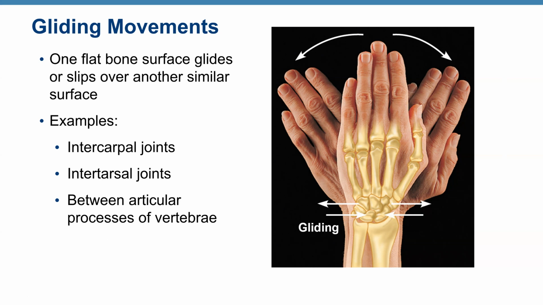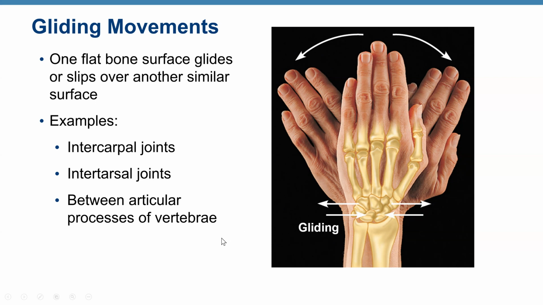Remember, we have superior and inferior articular processes of the vertebra. Those are also synovial joints with gliding movement, right? It's not movement of your fingers. It's not movement of your metacarpal or metatarsal. That's a movement of your carpal and tarsal bones.